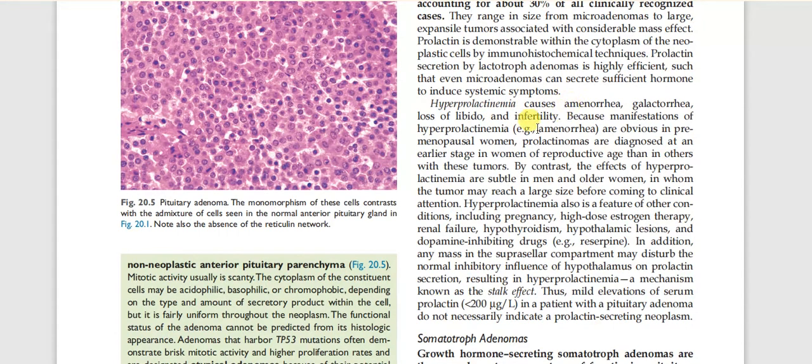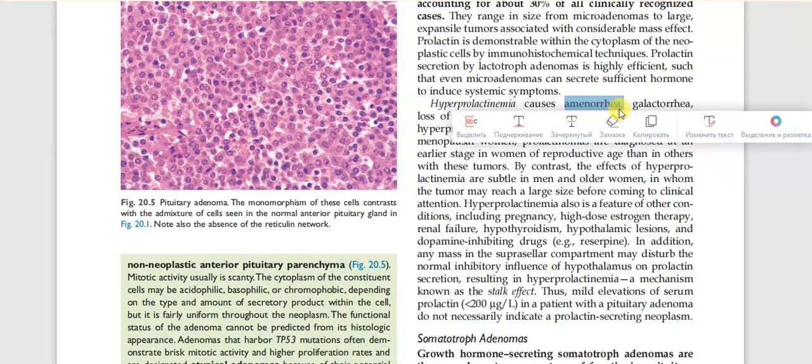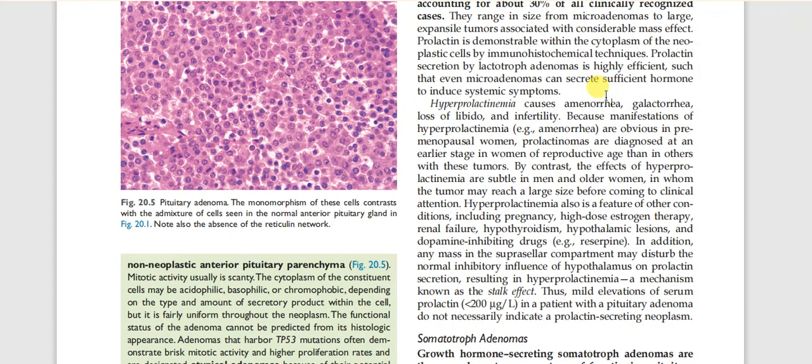Secondary to this, they complain about libido, also possibly galactorrhea in females, and very commonly amenorrhea or dysmenorrhea. Dysmenorrhea is improper progression of the menstrual cycle; amenorrhea is absence of menstrual cycles. It might be caused by prolactin hypersecretion.